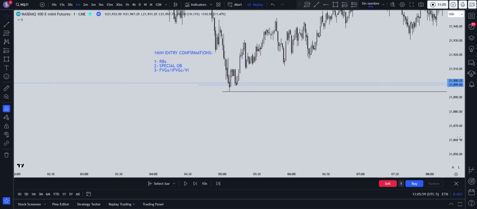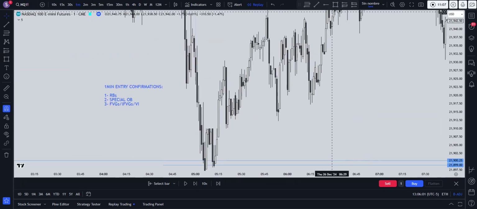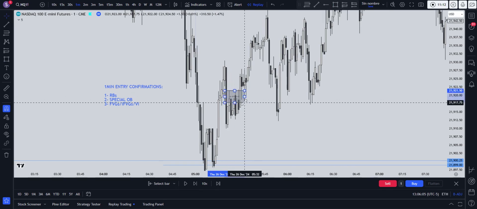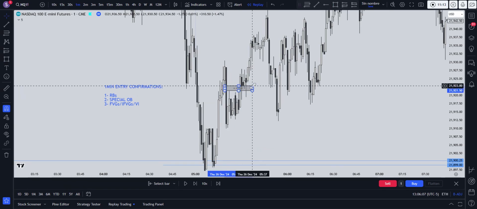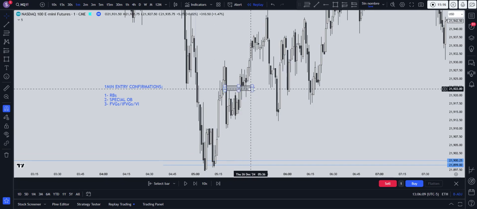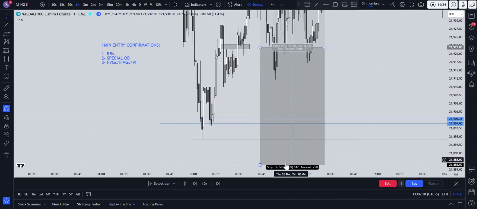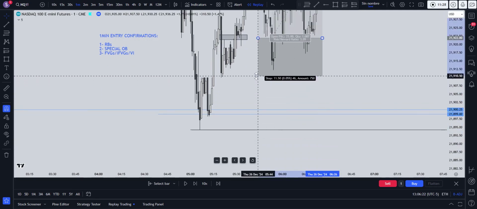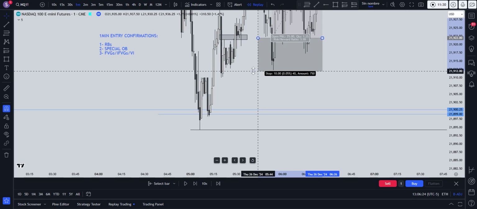So yeah, the same with the inverse fair value gaps. Let me look at one inverse. Okay, right here we get an inverse fair value gap. Right here, you're going to get an entry. We inverse it. Just put the same thing. Just put your limit right here. Just put your stops right there. A 10-point stop loss is going to be good.